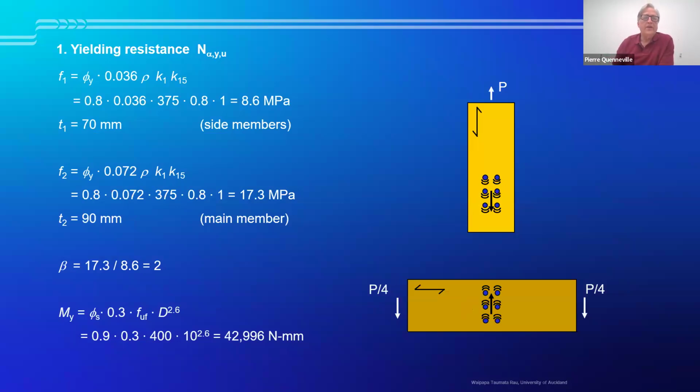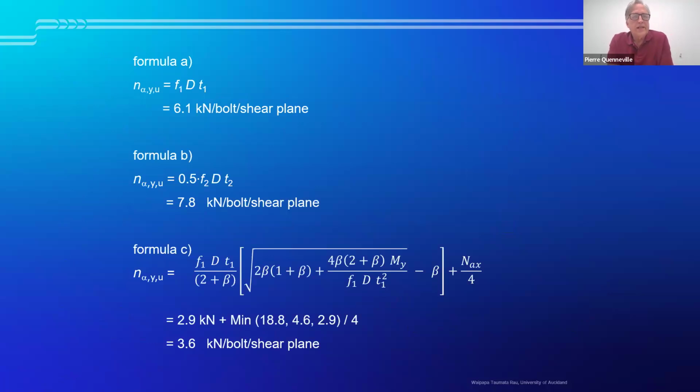Once we have these 2 values, we get our beta value and our M sub Y for our 10 millimeter diameter bolts. Using these embedment values, our thicknesses, and our beta and M sub Y value, we're now in a position to get the different resistance for our failure modes.